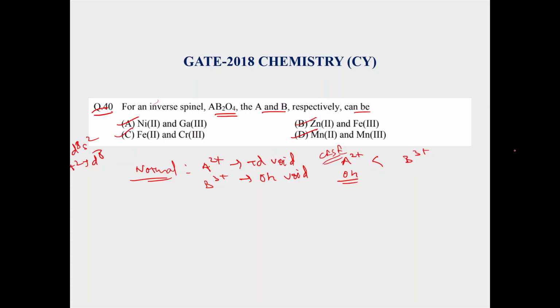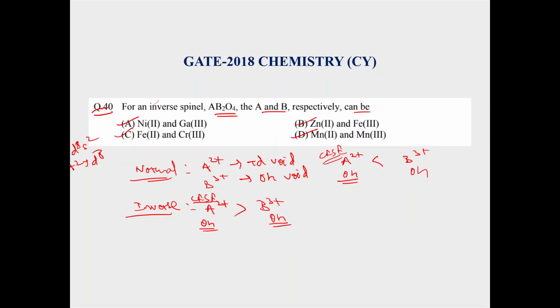If this is the case, then we will get normal spinel structure. Whereas if A2 plus octahedral crystal field stabilization energy is greater than B3 plus octahedral crystal field stabilization energy, then we will get inverse spinel structure.